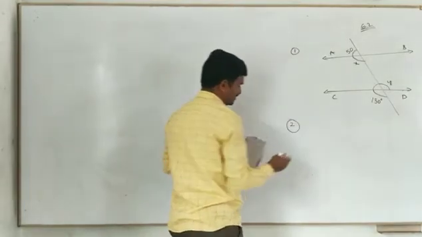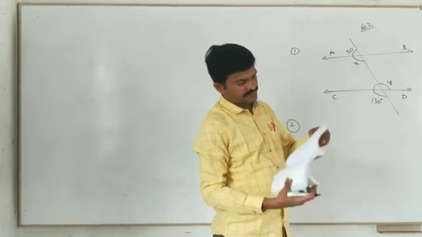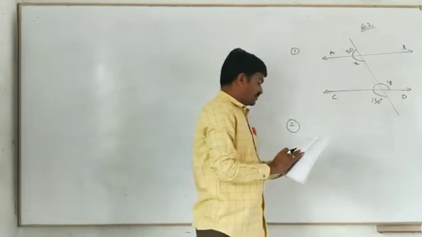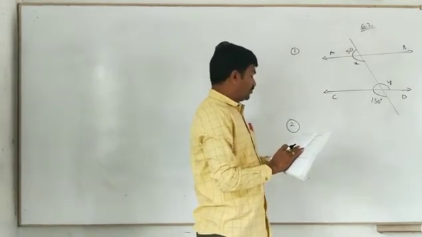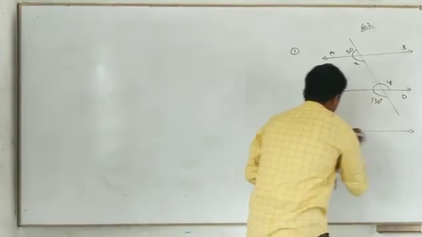And now the second one, see all of you. Here, three lines are parallel is given. AB is parallel to CD.